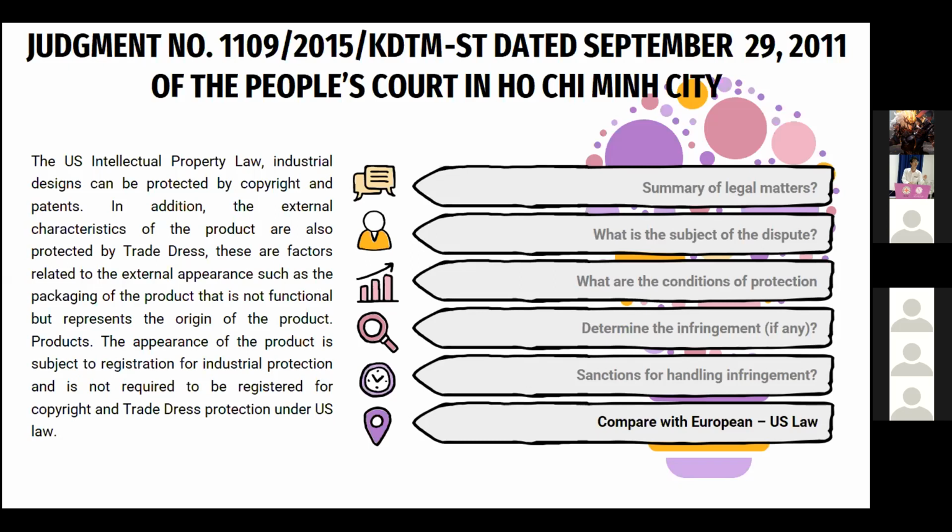The appearance of the product is subject to registration for industrial design protection and is not restricted from copyright and trademark protection under U.S. law. So I finished the comment on the exercise, and next Baduk will present the next exercise.